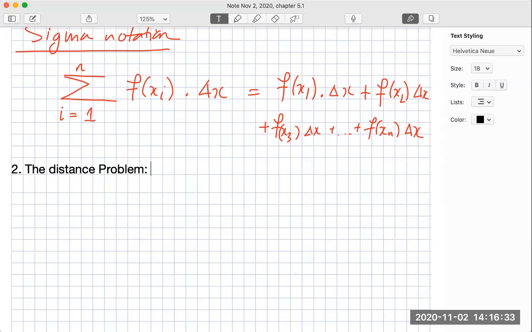For these problems, we are given the velocity field. We need to find the distance. Okay?